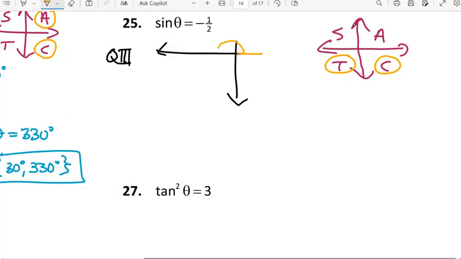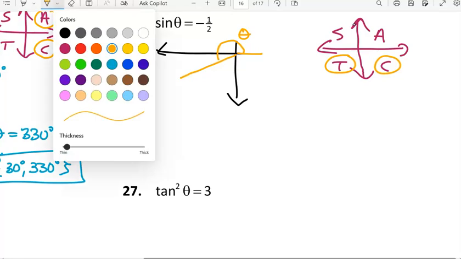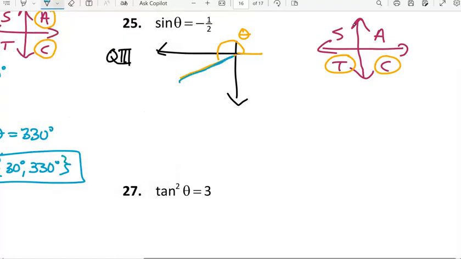Our angle rotates from the positive x-axis to a terminal side in the third quadrant. Hypotenuse is the terminal side, and when we draw the reference triangle, sine is -1/2.